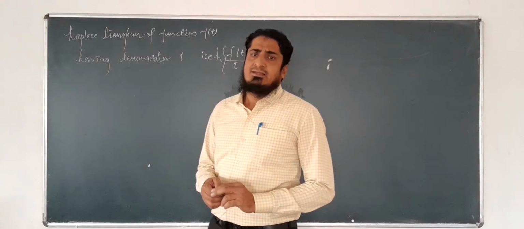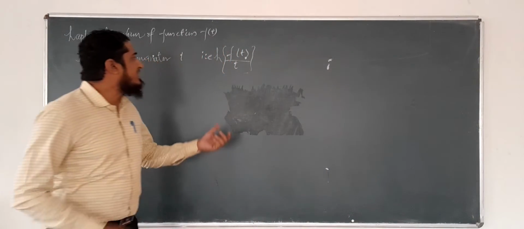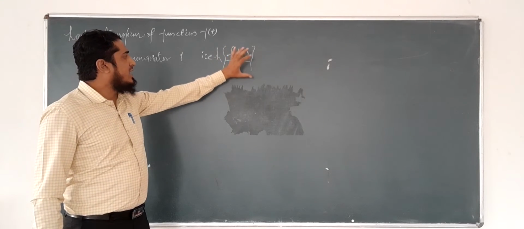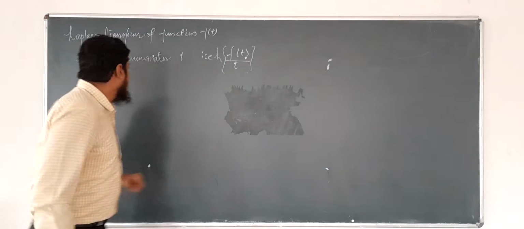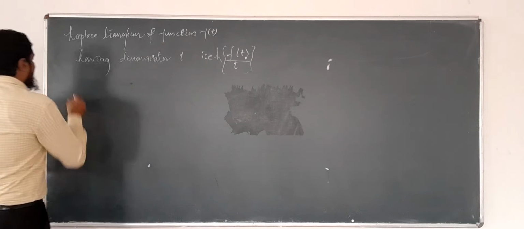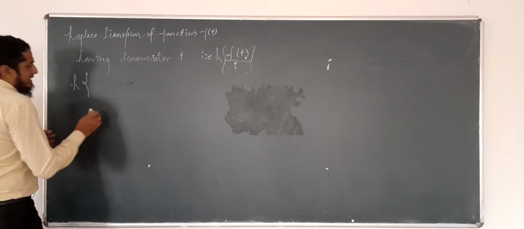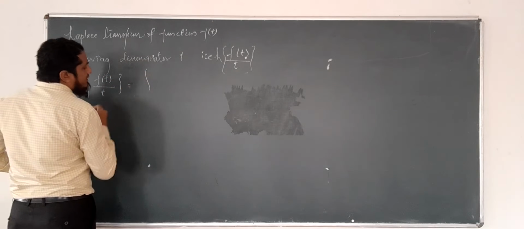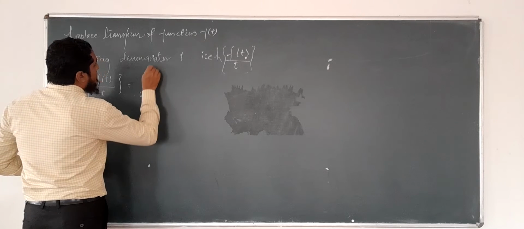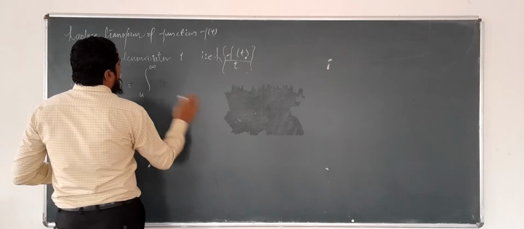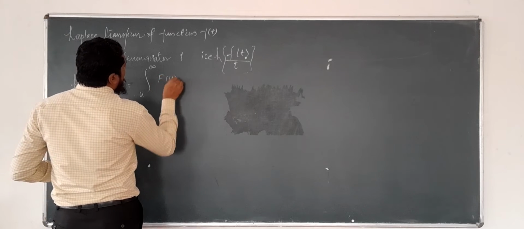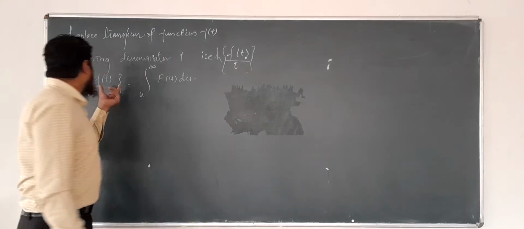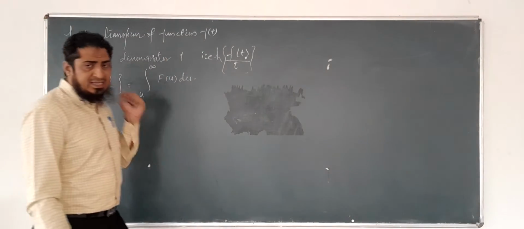We have already seen the theorem about how to find the Laplace transform of a function which is divided by t. The statement of that theorem is: Laplace transform of f of t divided by t is equal to integration from u to infinity of F of u du, where capital F denotes the Laplace transform of f of t.